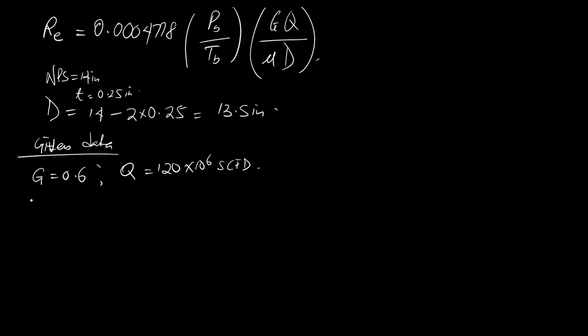We are also given the base pressure to be 14.7 psi. The base temperature is given as 60 degrees Fahrenheit. So we now have to convert it to Rankine by adding 460. So it gives us 520 degree Rankine.